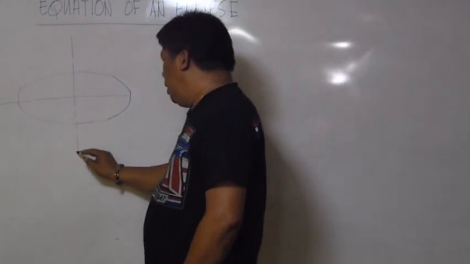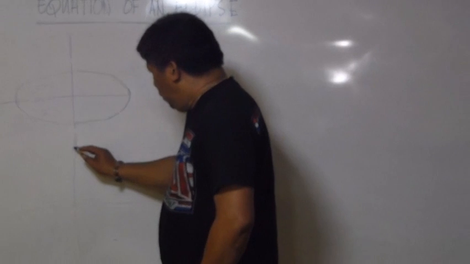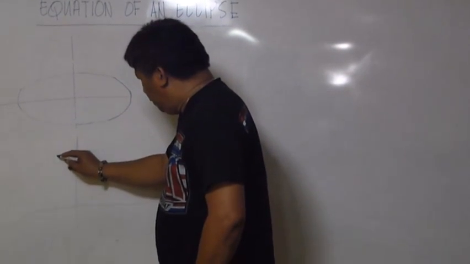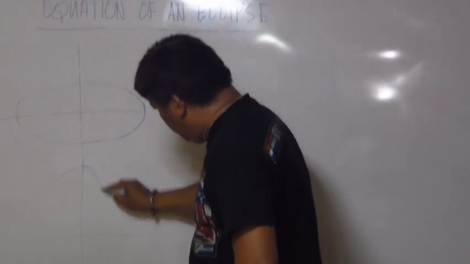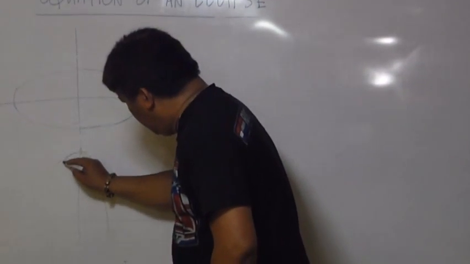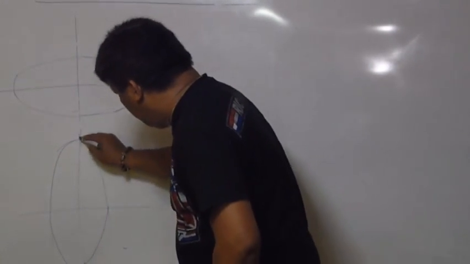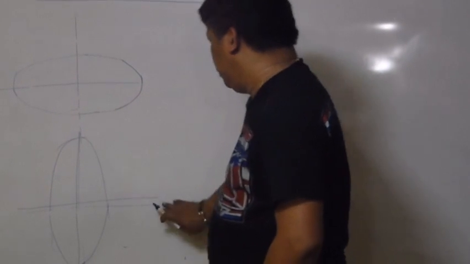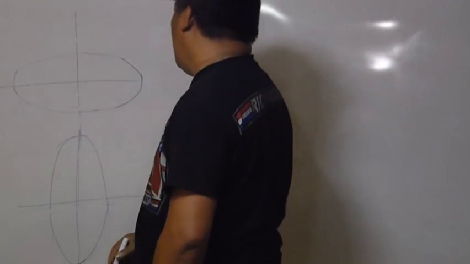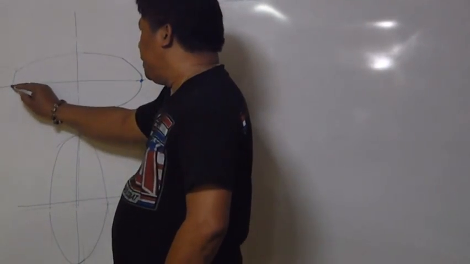Or it can be a vertical elongation of the chord. Wherein this can be considered as points of the vertices.